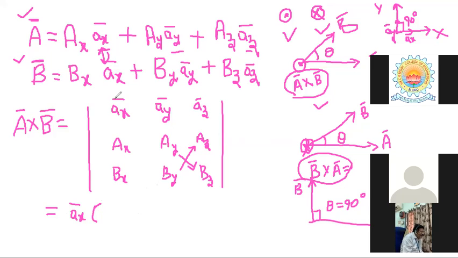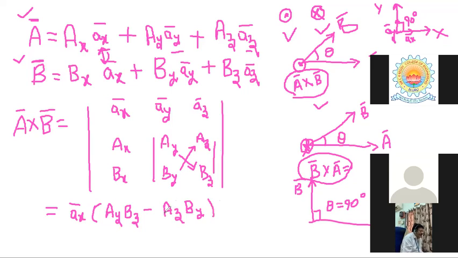Ax bar into the determinant of this matrix: Ay into Bz minus Az into By. That is the determinant. So this is the Ax bar component.